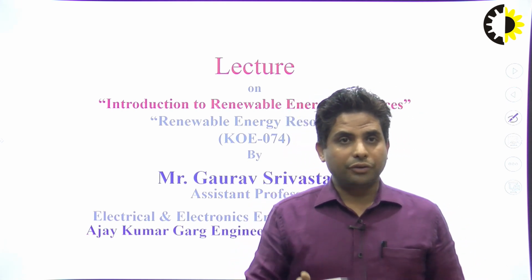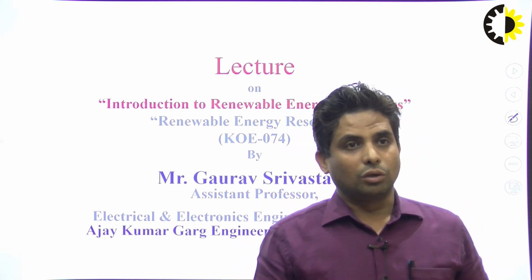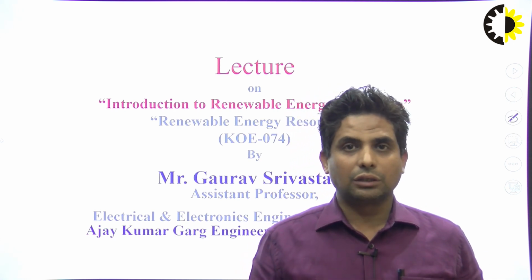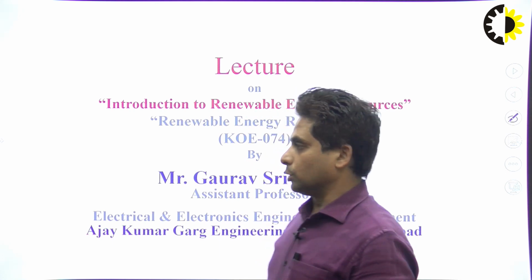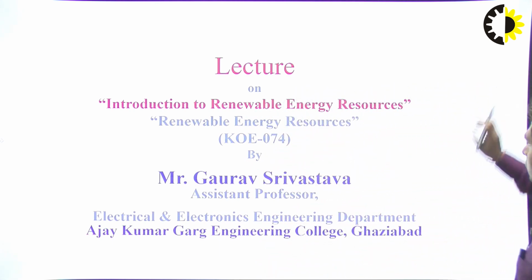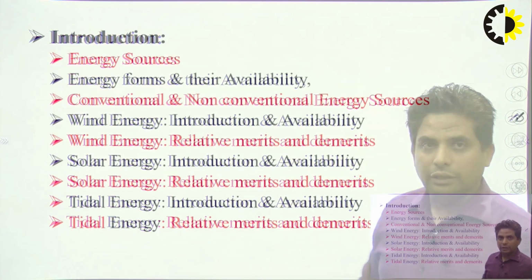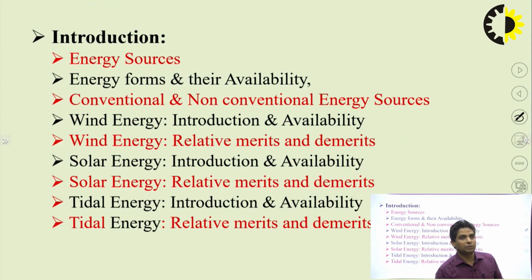Right now we have shifted from the non-renewable to the renewable, or you can say from the conventional to the non-conventional energy resources. Here we can discuss the different types of energy sources which are available, the energy forms and their availability.